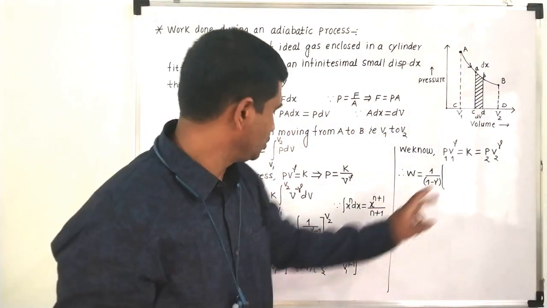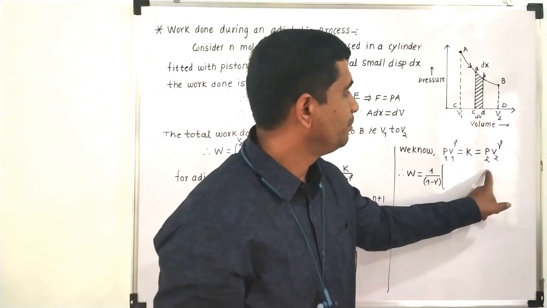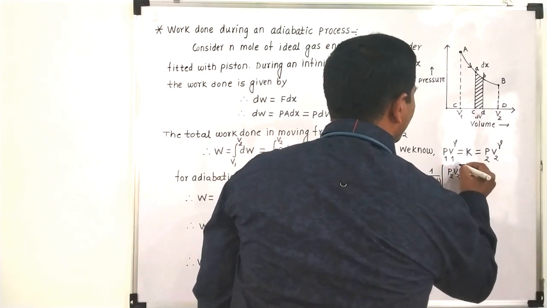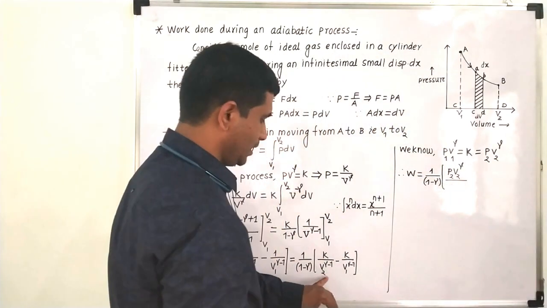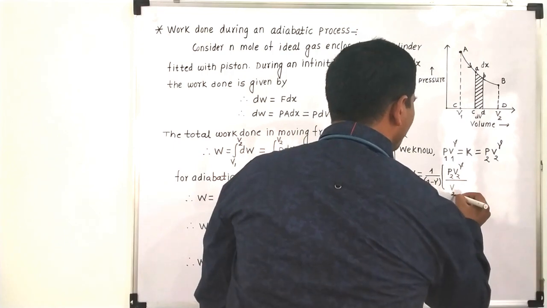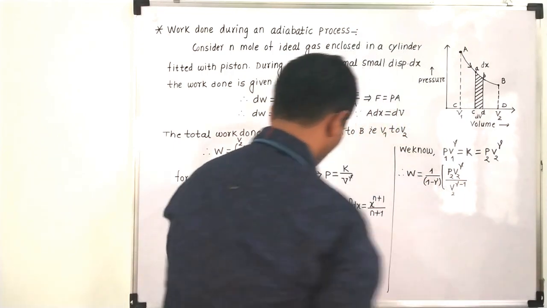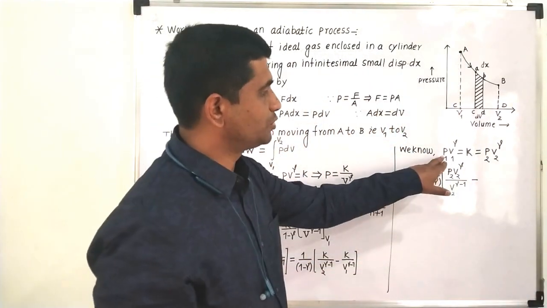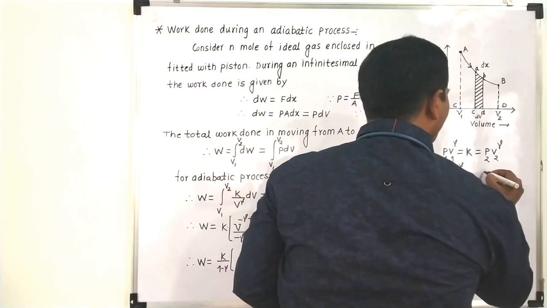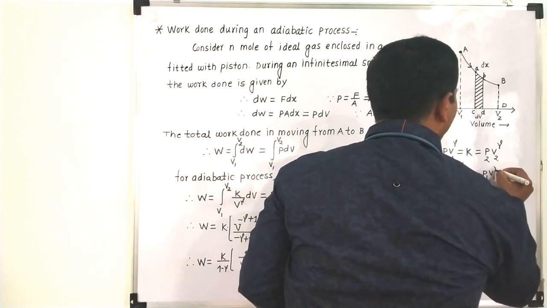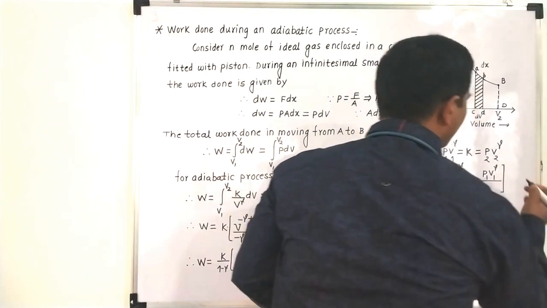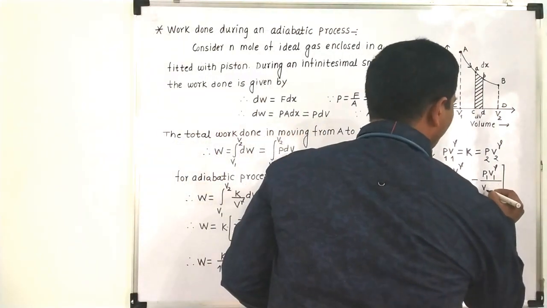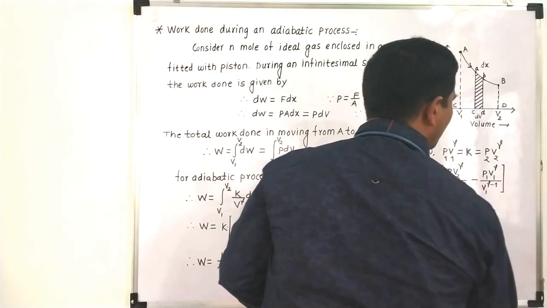For the final state, I will write P2 V2 raised to gamma divided by V2 raised to gamma minus 1, minus, for the initial state, P1 V1 raised to gamma divided by V1 raised to gamma minus 1, as it is.